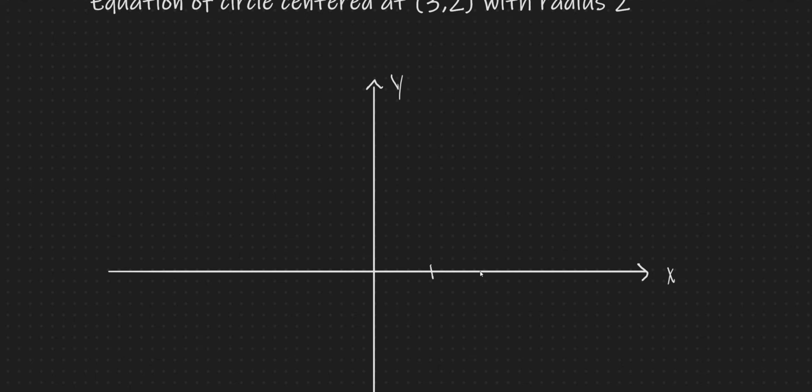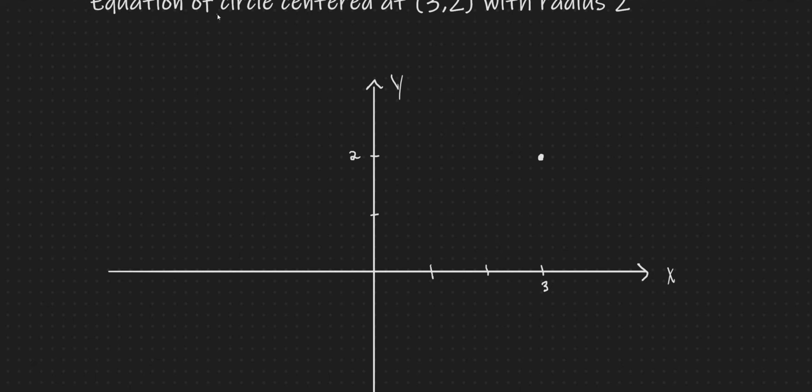How about 1, 2, 3. So there's 3 and a y value of 2. 1, 2. So the center of my circle is right here. And I want the equation of the circle.